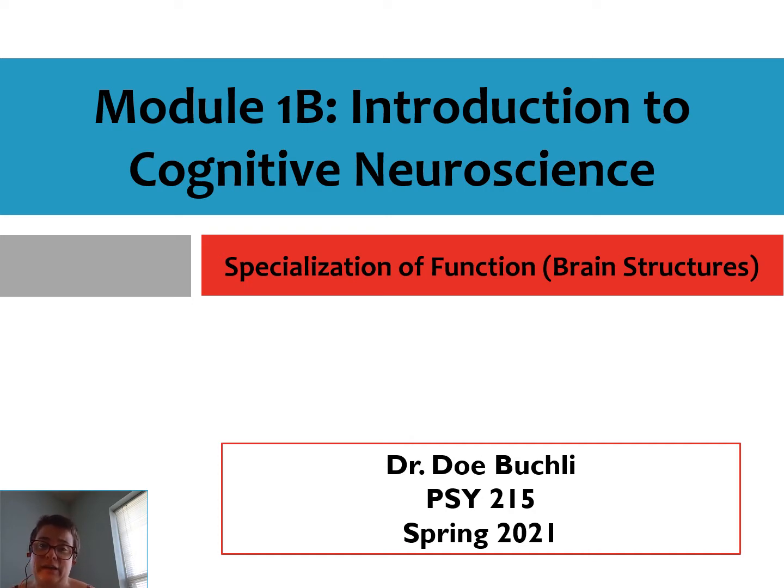In this particular video, we're going to again discuss this idea of specialization of function, but instead of focusing on individual neurons that specialize in a particular aspect of cognition, we're going to broaden our scope a little bit, so to speak, and now we're going to focus on individual structures of the brain that carry out specific aspects of cognition. Okay, so let's go ahead and get started.